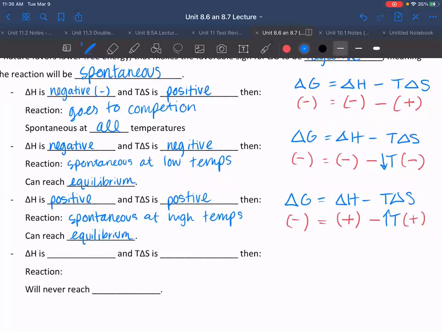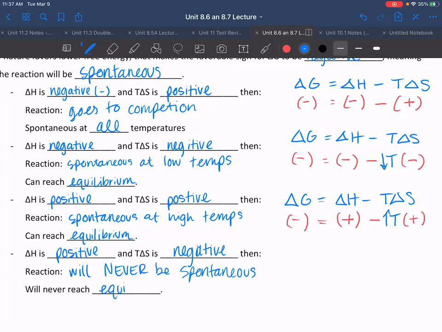All right, and then lastly, if we have delta H that is positive and then negative associated with delta S, then our reaction will never be spontaneous, and also never reach equilibrium. So it never does anything.